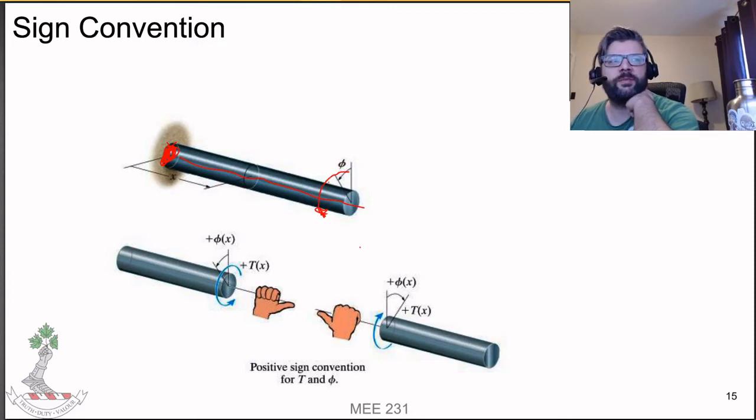So that's a positive twist if it's applied to the far end of your x-axis. It's also a positive internal torque if it's applied to the far end of your x-axis.